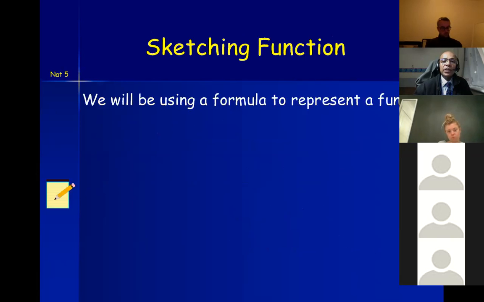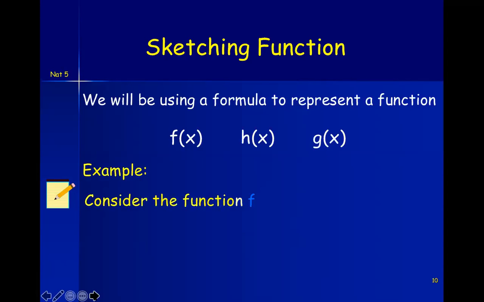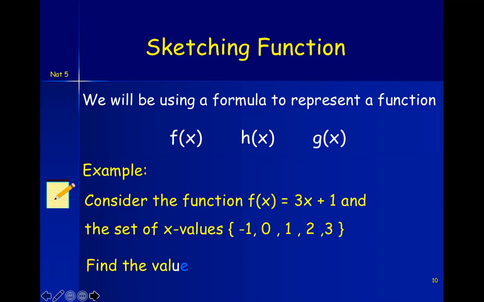So we will be using a formula to represent a function: f of x, h of x, g of x. Okay, this is another type of question we might be asked. You've got a set of values, -1, 0, 1, 2, and 3.